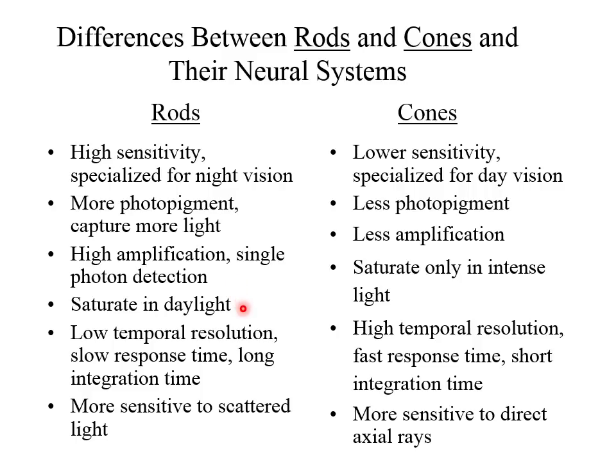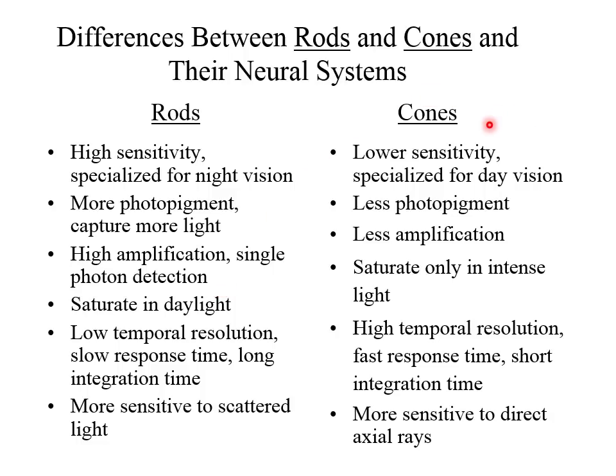They saturate in daylight. That is, they become essentially non-functional in daylight. And they have a low temporal resolution, and that is, flashing lights would be fused if they were seen only by the rods. They would not be able to see rapidly flashing lights. And rods are very sensitive to scattered light that comes in from various directions. So it's not giving great information about location in the visual world.